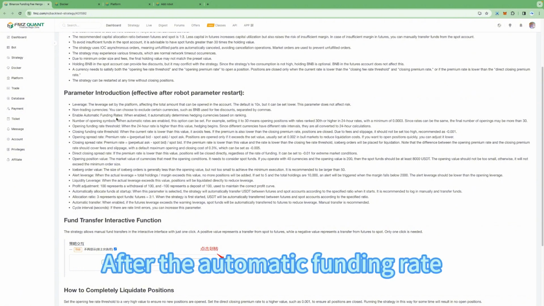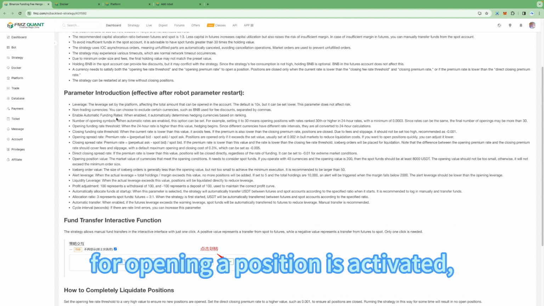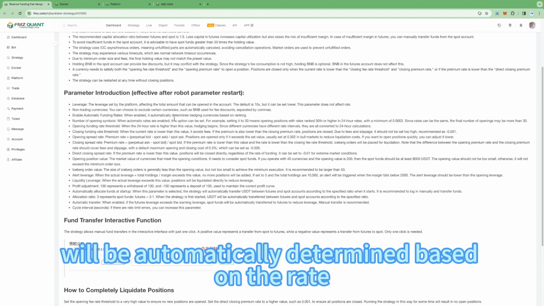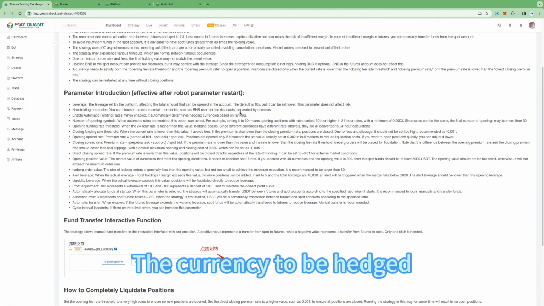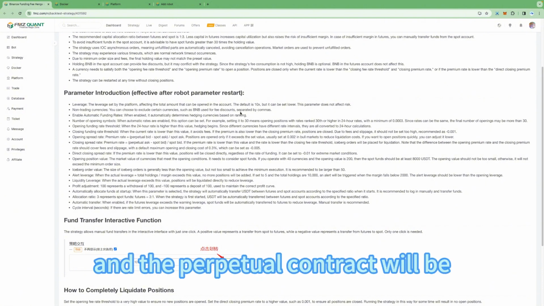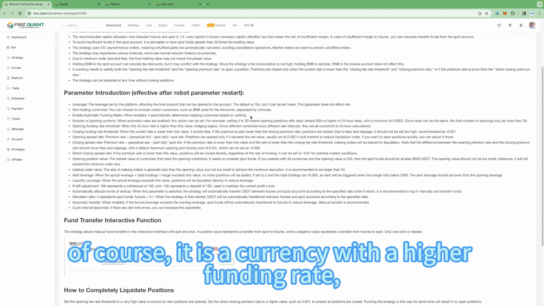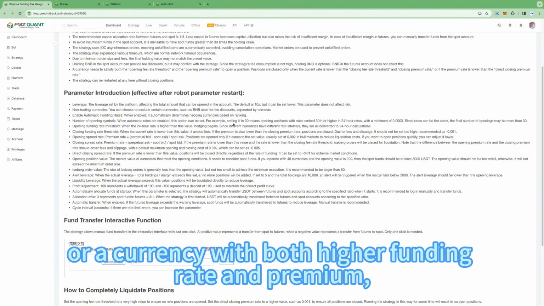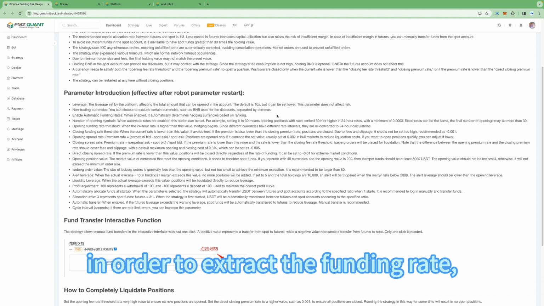After the automatic funding rate for opening a position is activated, the currency to be hedged and the perpetual contract will be automatically determined based on the rate ranking. Of course, it is a currency with a higher funding rate, or a currency with both higher funding rate and premium, in order to extract the funding rate.